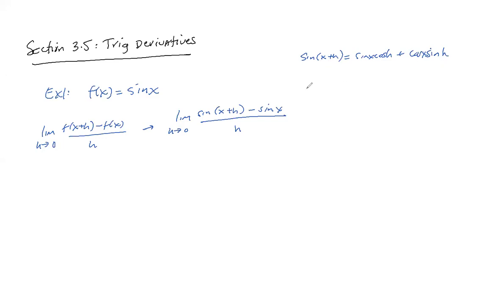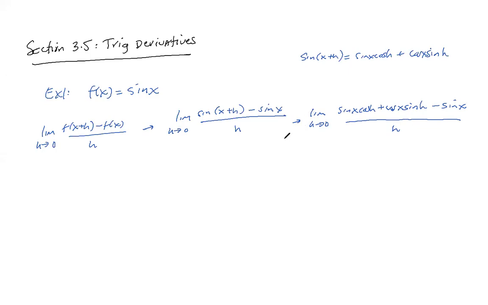This is the angle identity I'm going to use, and I'm going to expand this now using that. So we'll have the limit as h approaches 0 of the sine of x plus h, which is the same thing as the sine of x cosine of h plus cosine x sine of h minus sine of x all over h.